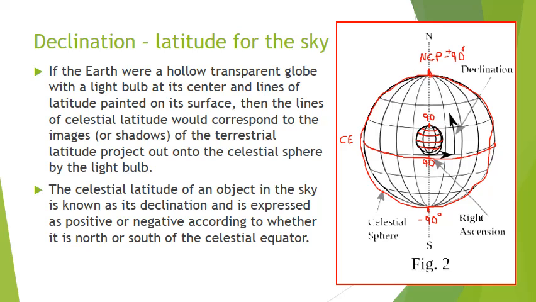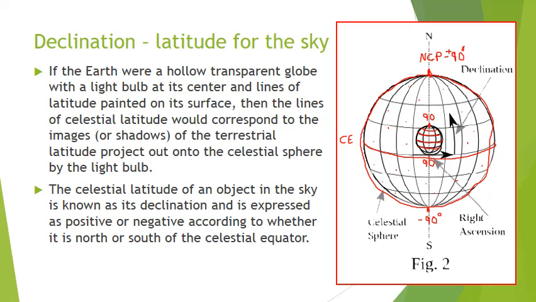So all the other stars, you can put a star anywhere on this, I can put a bunch of dots here. And every star that I put on my celestial sphere will have a unique declination value.